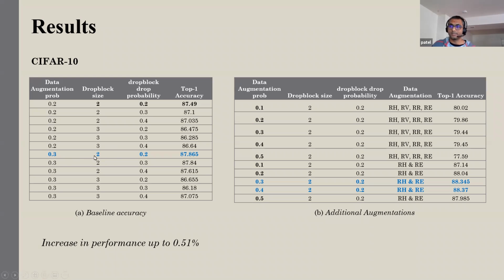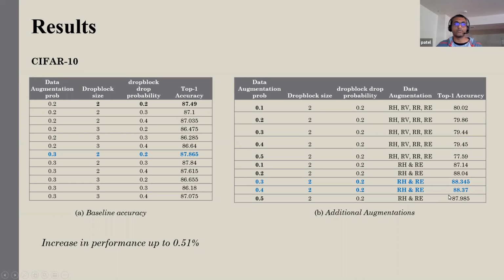And I took these two as fixed parameters and looked at whether adding random erase and other random augmentation methods helps improve the accuracy or not. I found that with random erase, with the same setting and two different augmentation probabilities, it beat the accuracy: 88.345 and 88.37.